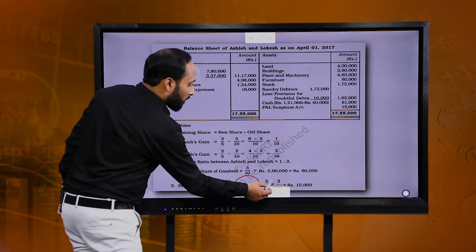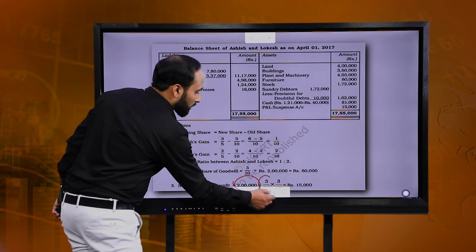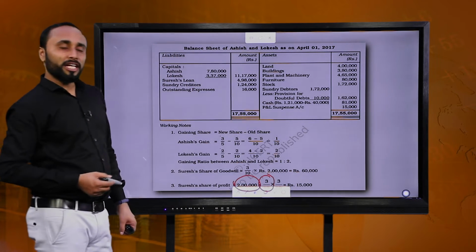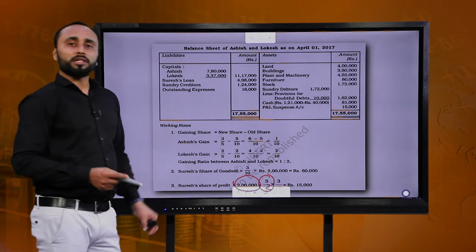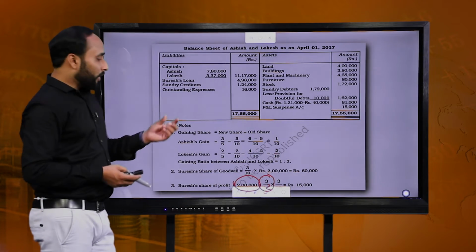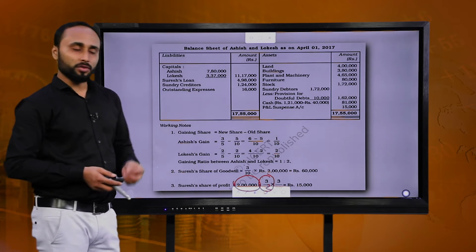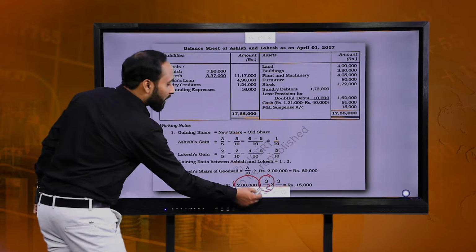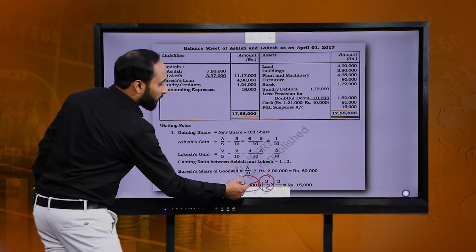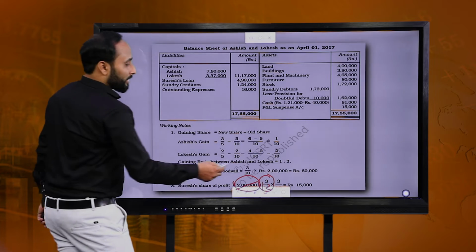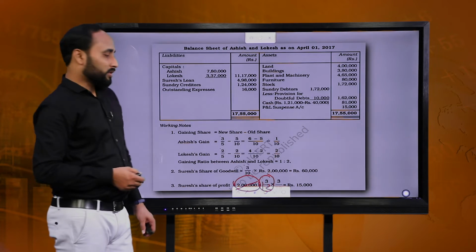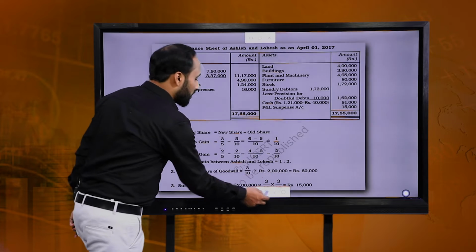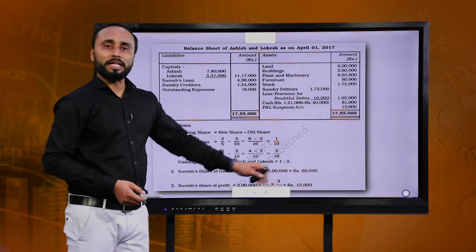You first of all multiply it by 3/12, because out of 12 months, now we have to calculate the profit for 3 months only. So 3/12 will become 1/4, so this will become 50,000. Then you have to multiply it with the share of the partner, which was 3/10. So 50,000 into 3/10 becomes 15,000.